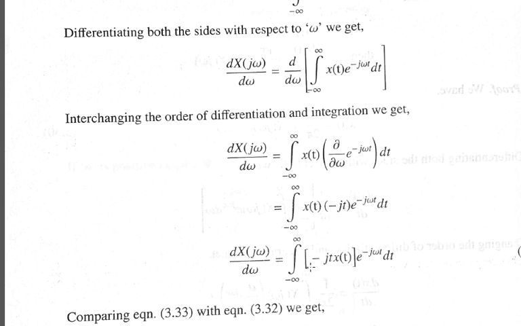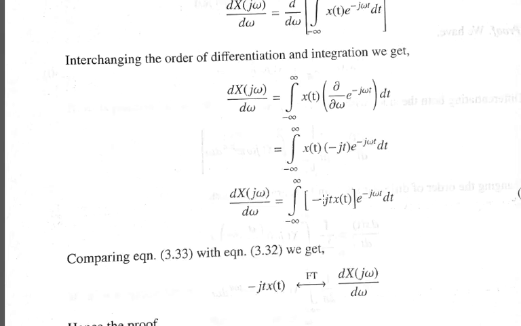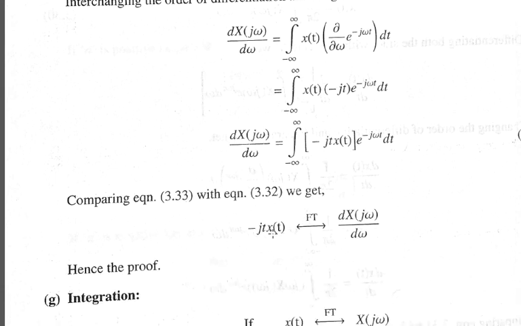So we can write this as minus j t x(t) e^(-jωt), and again by comparison, minus j t x(t) is the value of d/dω of X(jω). So when minus j t x(t) is there, it is the differentiation in the frequency domain, and x(t) gets multiplied by minus j t in the time domain.